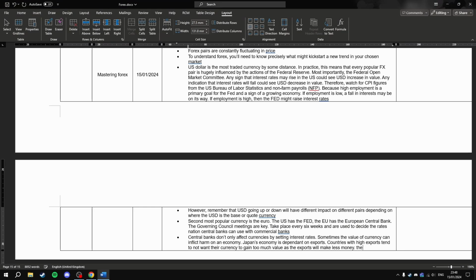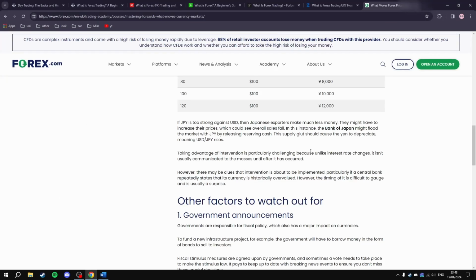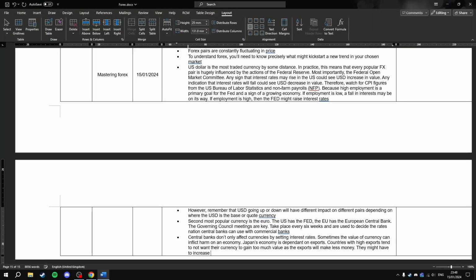Therefore, they might have to increase their prices, which could see overall sales fall.